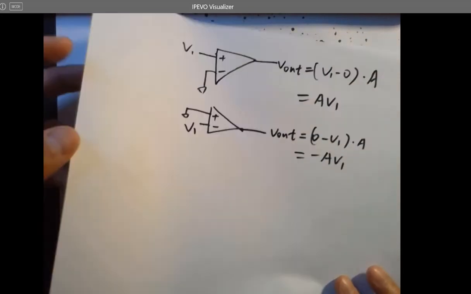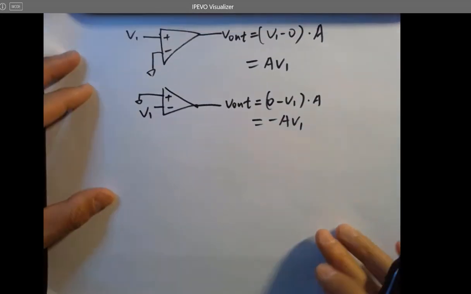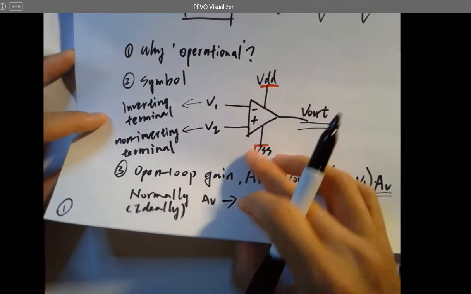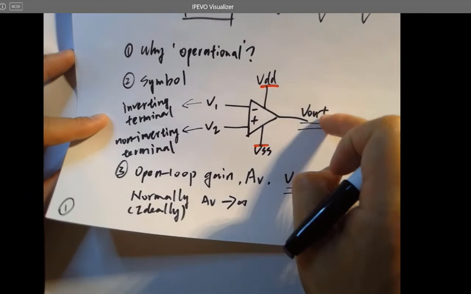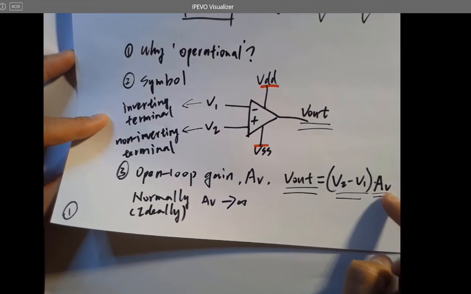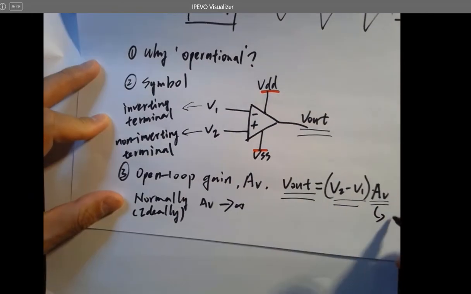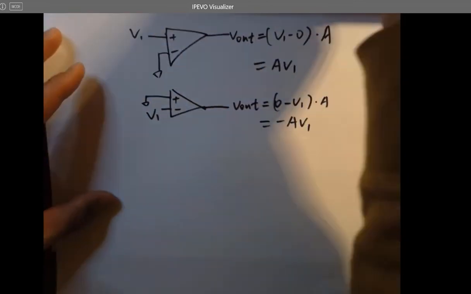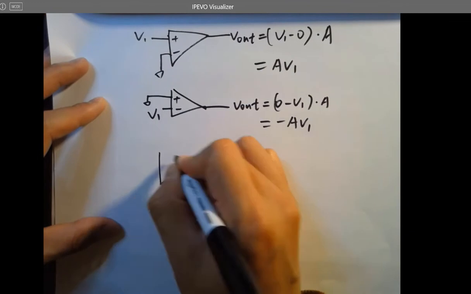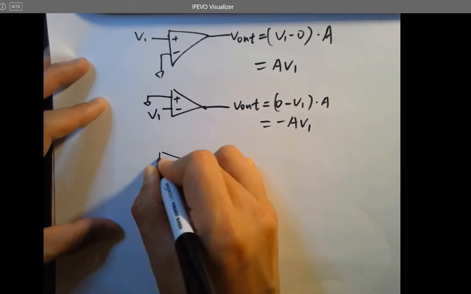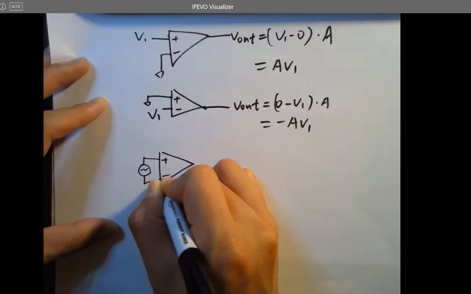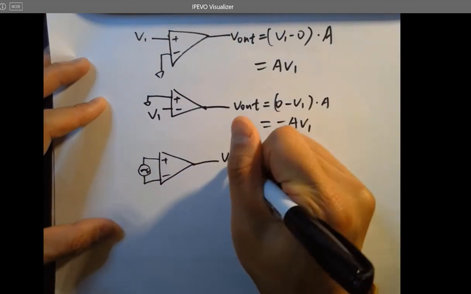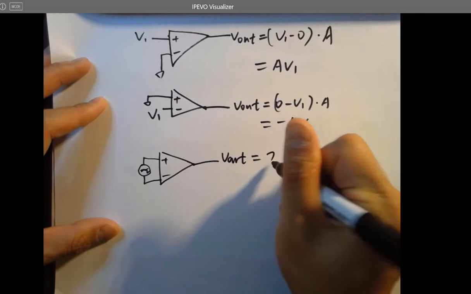And since I just mentioned that you have a limitation for the top rail and bottom rail, they are limiting the output voltage. Even though you have a really huge gain here, which is normally 10 to the 6, like a million times, you can imagine a tiny voltage difference between the two terminals, a tiny signal difference, and V out will be equal to what, right?